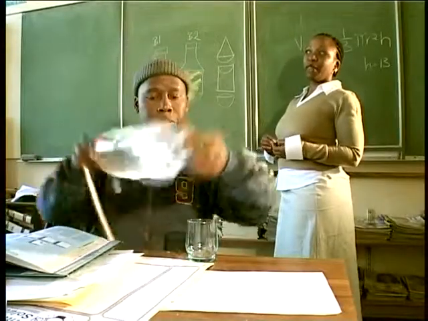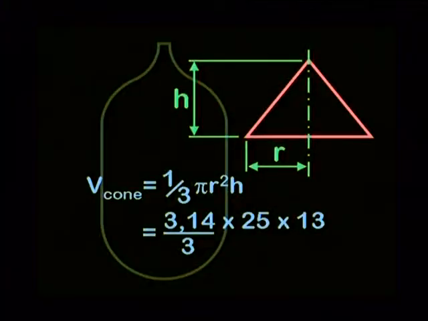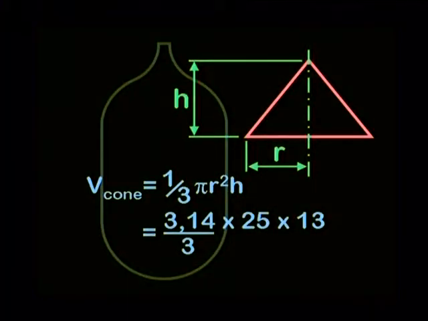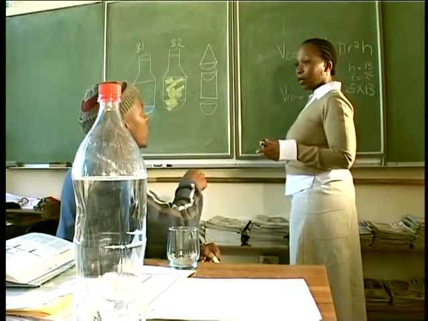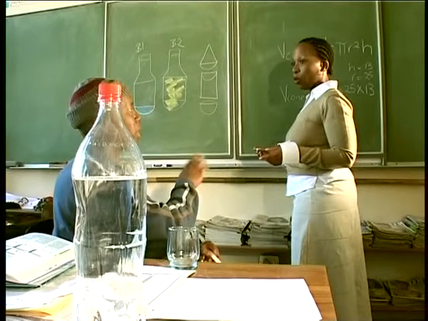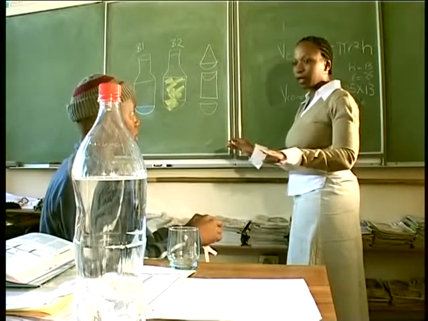So that's 5 centimeters, which when squared is 25. Okay. So that's 3.14 over 3 by 25 by 13. Oh, where do you get 3.14? It's pi. It's 3.14. So it doesn't change, it remains 3.14. It's a formula, and that's how it stands.